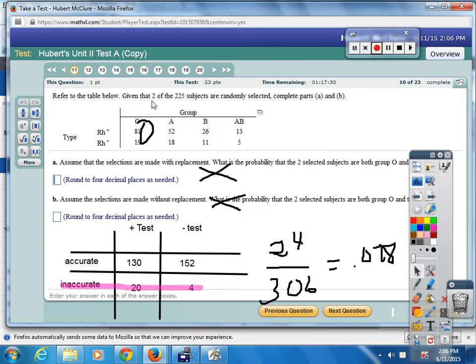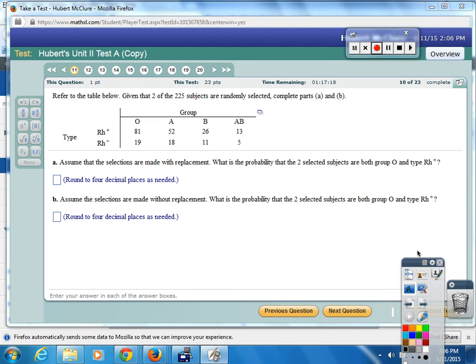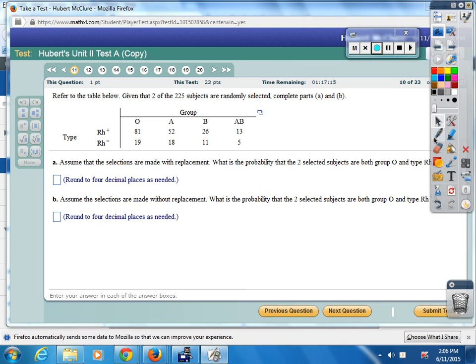Next question. All right, here's the question we just did. This one says, given that 2 of the 25 subjects are randomly selected, A and B. Assume that the selections are made with replacement.